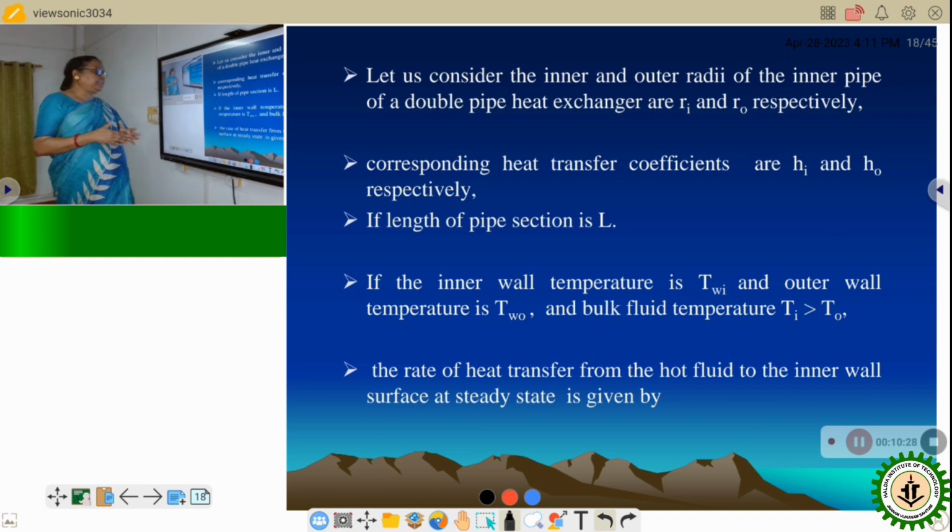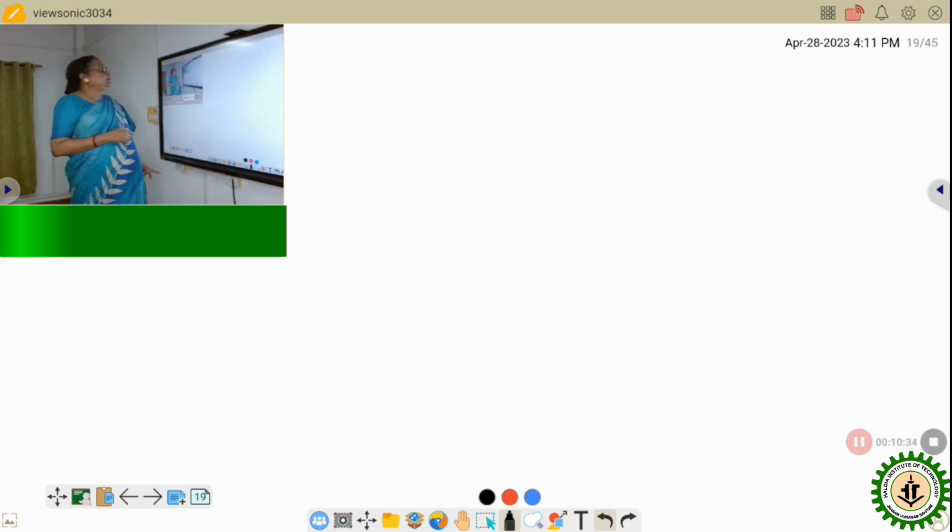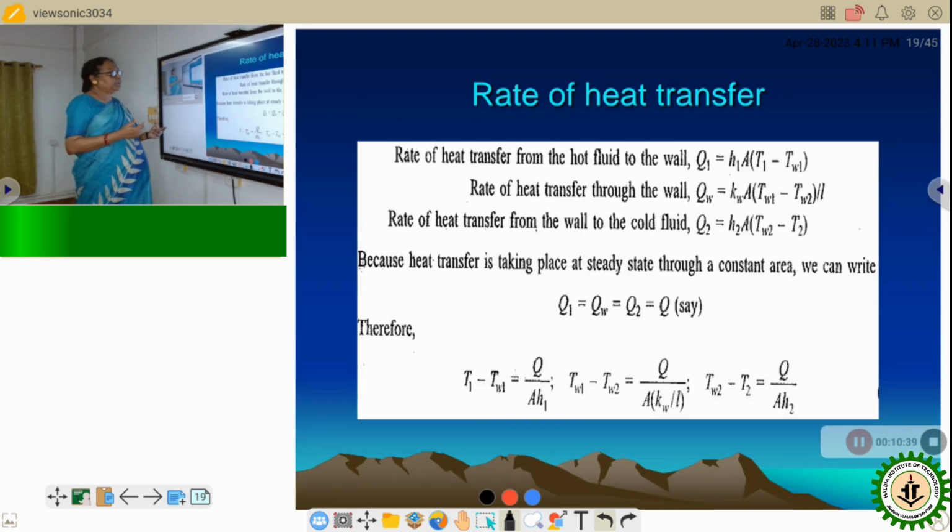So the rate of heat transfer from the hot fluid to the inner wall surface at the steady state is given by, that is, the rate of heat transfer from the hot fluid to the wall is capital Q1.